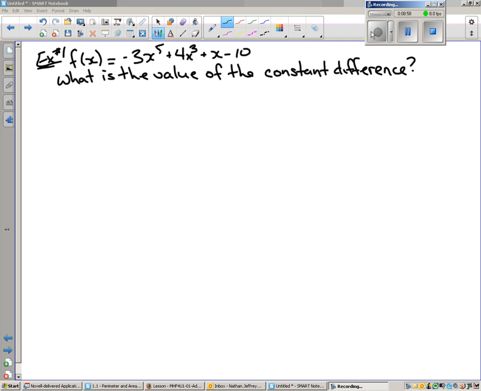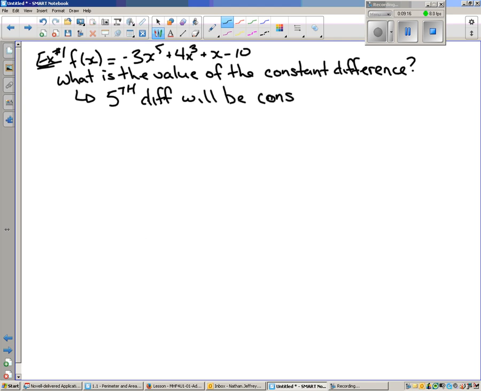Looking at that polynomial, what difference is going to be constant? The fifth difference. So the fifth difference will be constant. What is going to be the value of the constant difference?